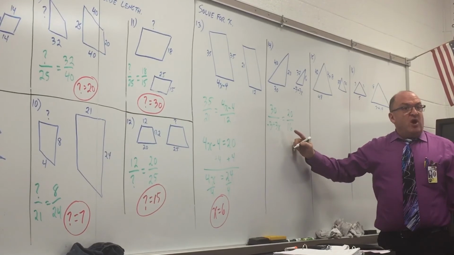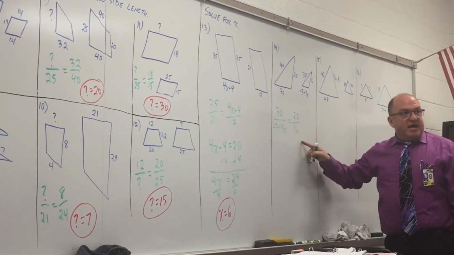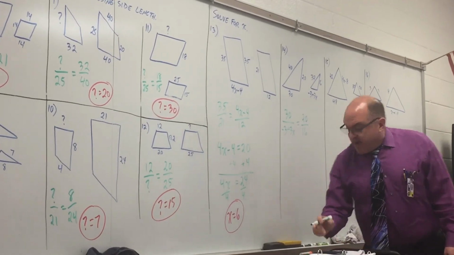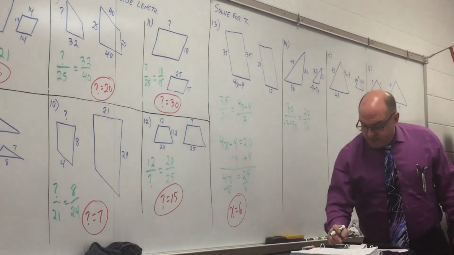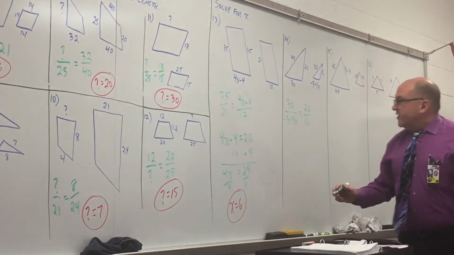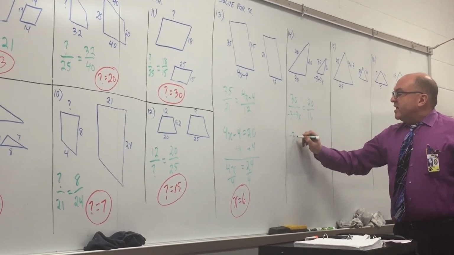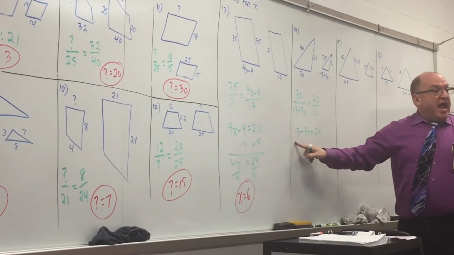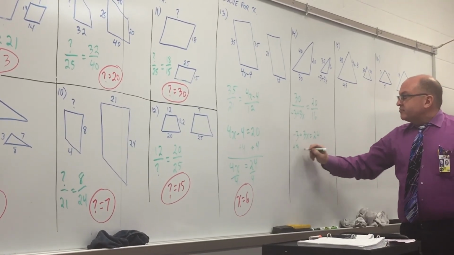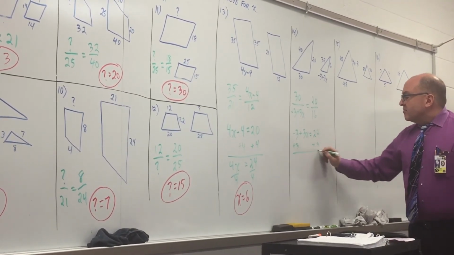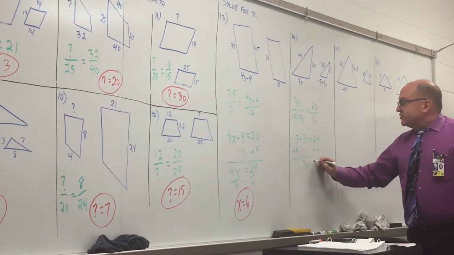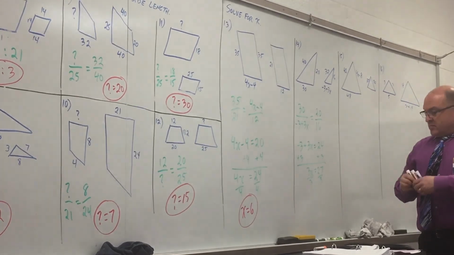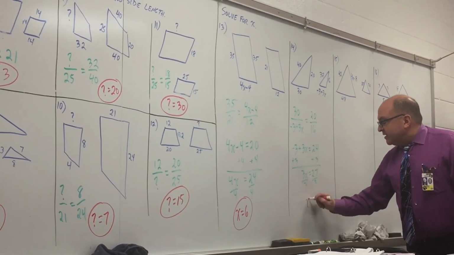Again, on your calculator, do 30 times 16 divided by 20 equals 24. Negative 3 plus 3x equals 24. I'm going to add 3 to both sides. 3x equals 27. Divide by 3. 9. Easy.